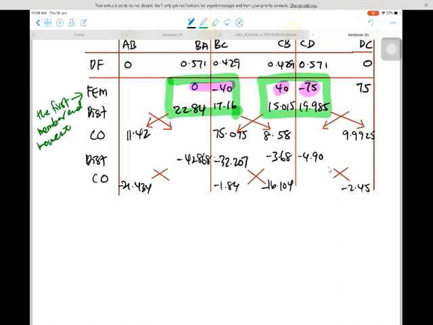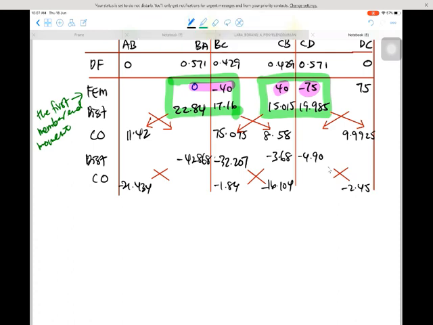The next one after distribution is again carry over. Actually for the moment distribution method, whenever you want to do design, normally in the design subject you are given a problem where you need to do moment distribution method first to get all the internal moments, and after that you can continue with the design process.